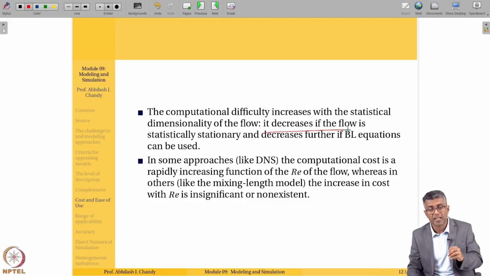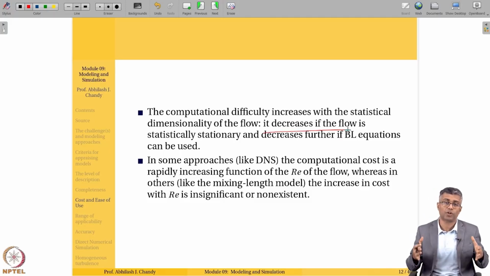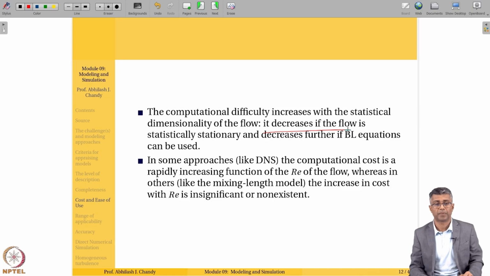The ease with which you can apply a model, and the cost associated with it, all change depending on the complexity of the flow, the complexity of the particular problem, and the approximation you can make. Here, in approaches like DNS, the cost increases rapidly as a function of the Reynolds number of the flow.